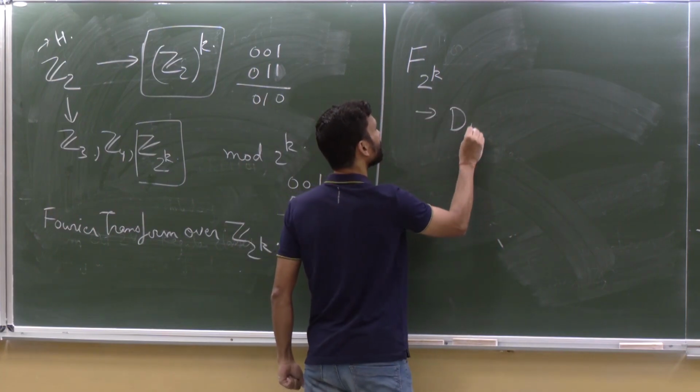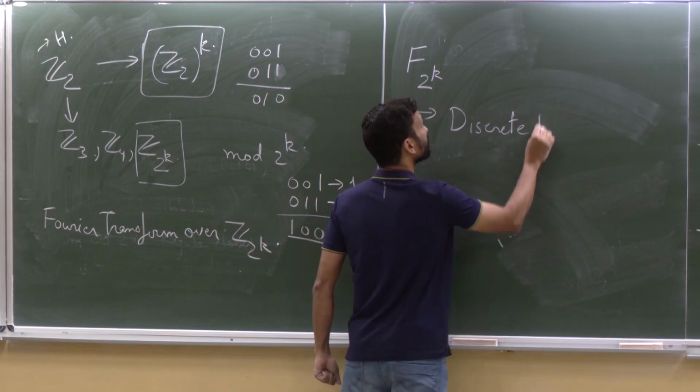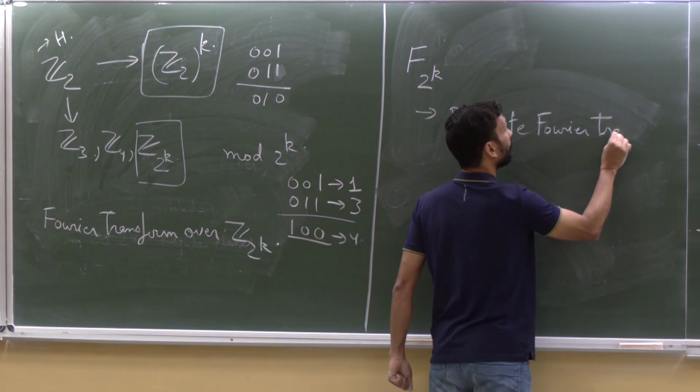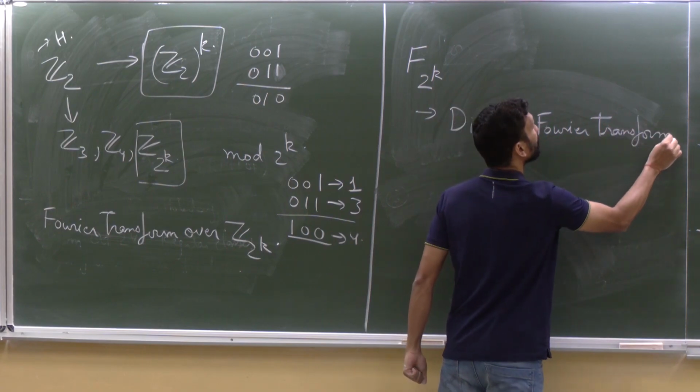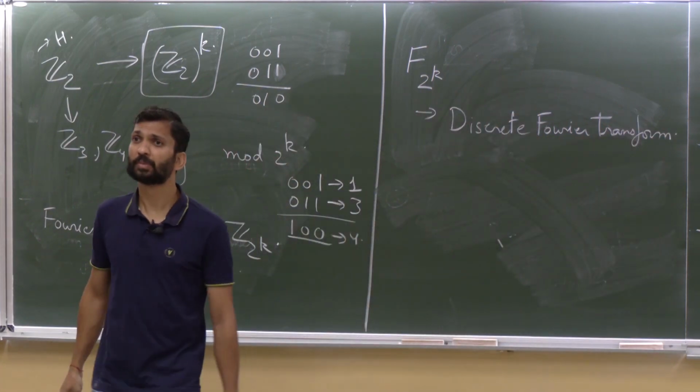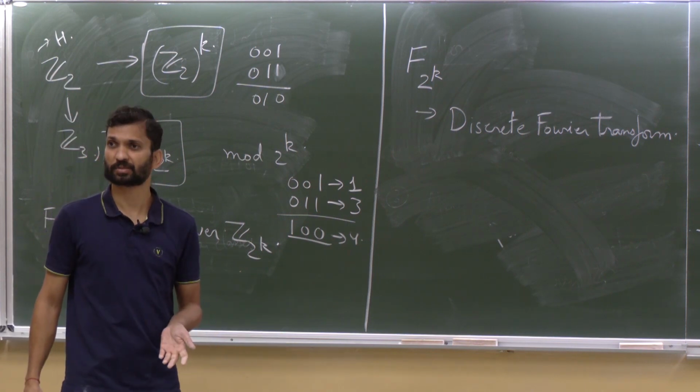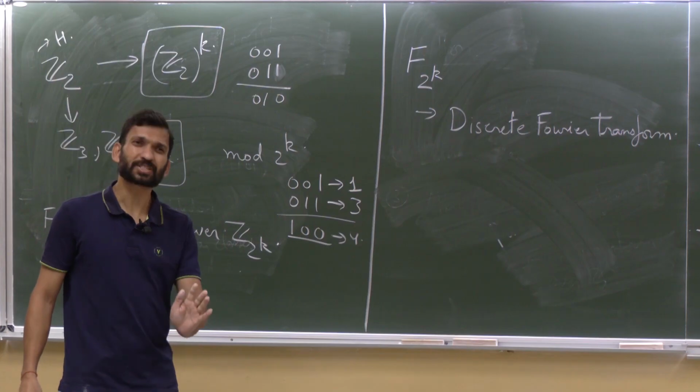In the classical case, this is called the discrete Fourier transform, and thankfully this Fourier transform is a unitary matrix. This is not surprising.